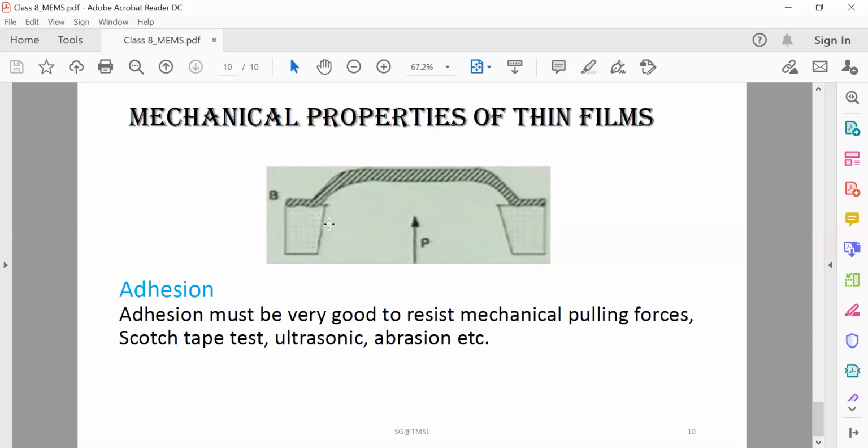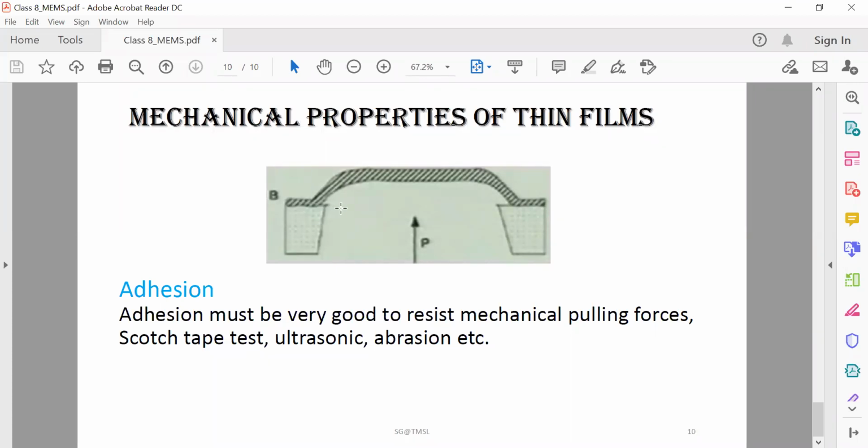So now if we apply pressure, the pressure is applied on the film. That film may be silicon dioxide, silicon nitride, or any other film, maybe a polyimide film, whatever it is. If we apply pressure on the film, there is a chance of peeling off from the substrate.